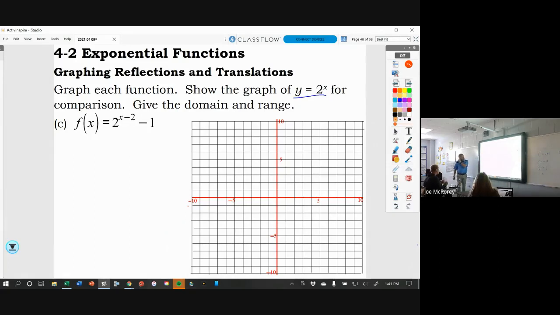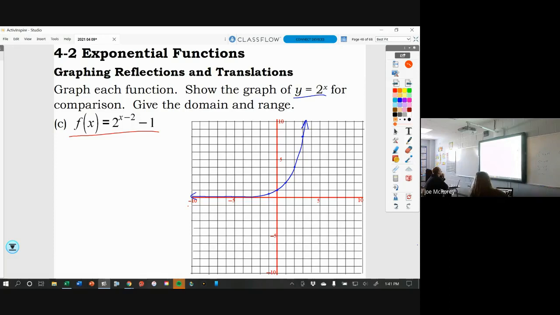Y equals 2 to the x. That graph's gonna be the same. Base is still 2.